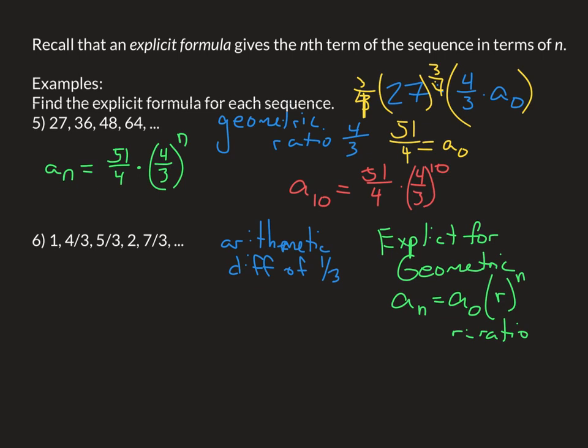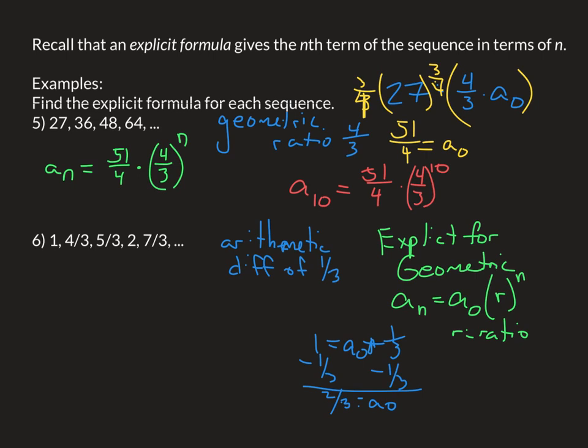So to find our 0th term, because we're repeatedly adding 1/3 on, the 0th term plus 1/3 should get us the result of 1, which is our first term. We add the 0th term plus 1/3, and we get term number 1. So in order to figure out the 0th term, we're just going to subtract 1/3 on both sides, and we note that our 0th term is 2/3.